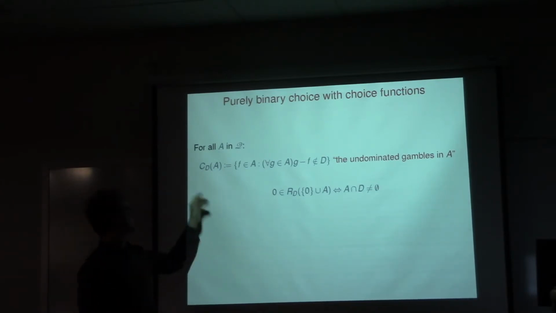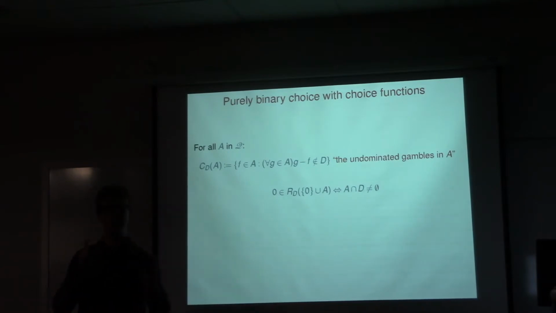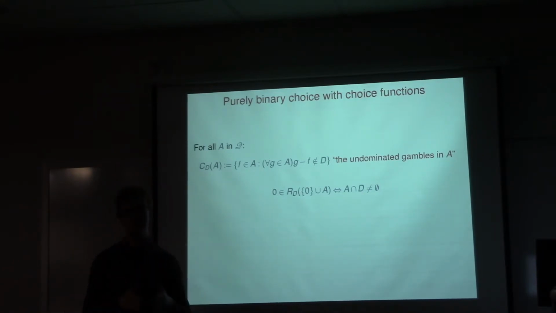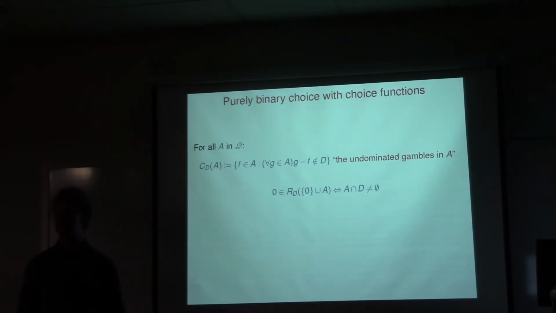And what do I mean by the smallest choice function compatible with it? If I have two choice functions, C1 and C2, I say that C1 is more informative than C2 if C1 chooses more selectively: for any menu A, C1 of A is a subset of C2 of A. If this is the case, then I'm more informed.